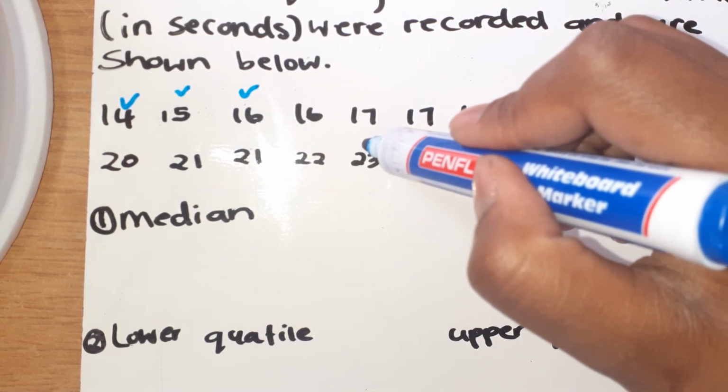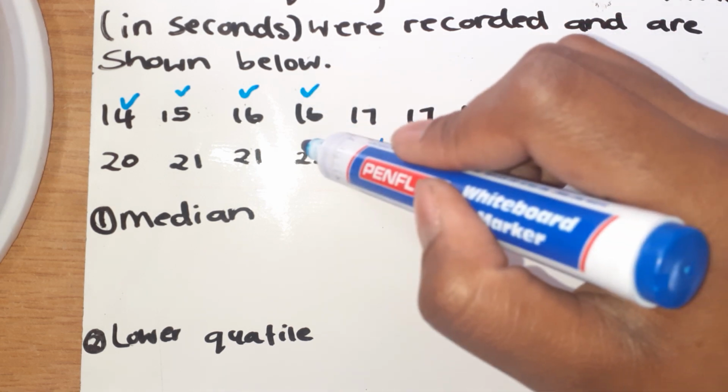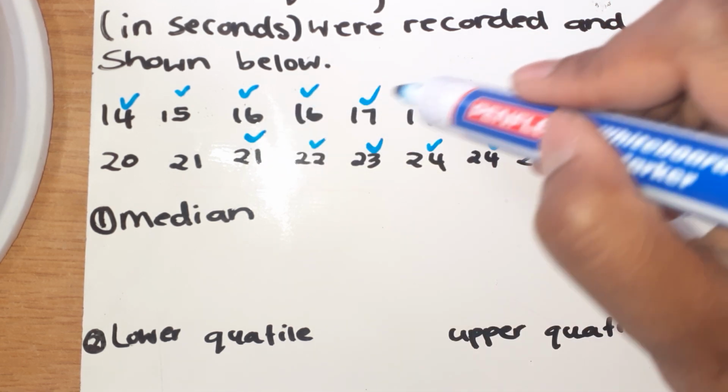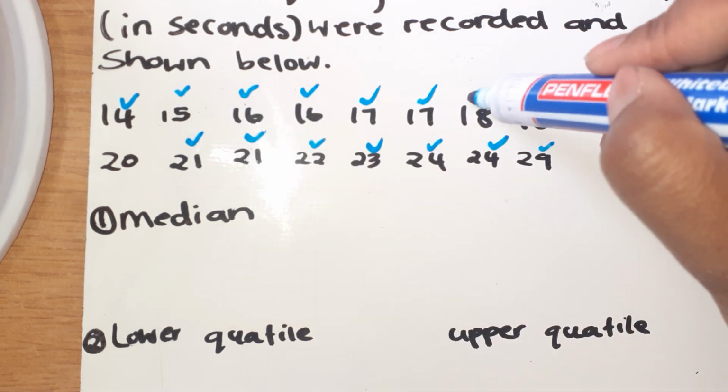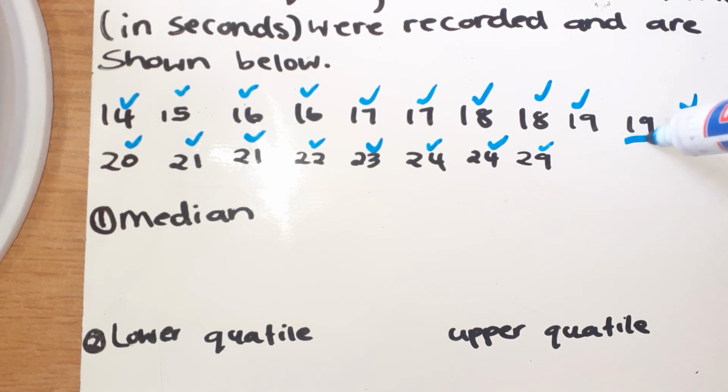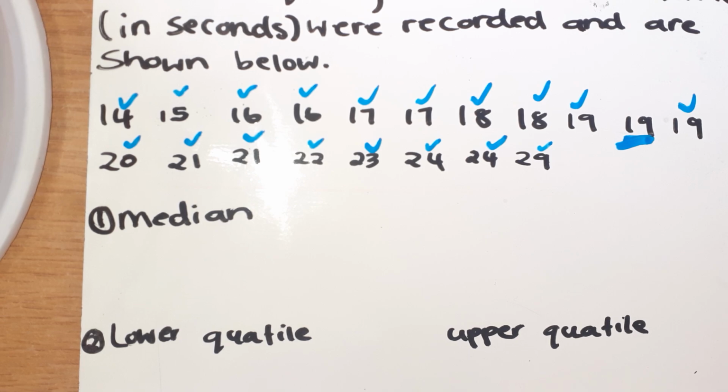We're trying to find which number is in the middle. It is quite clear that this 19 is the median.